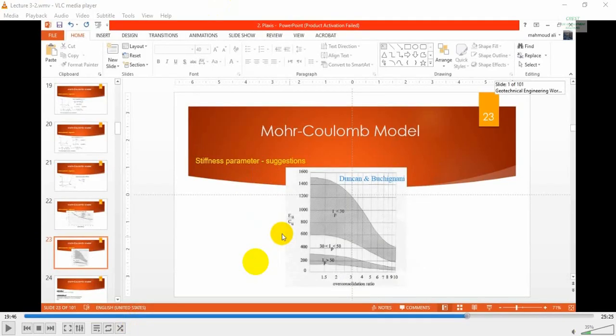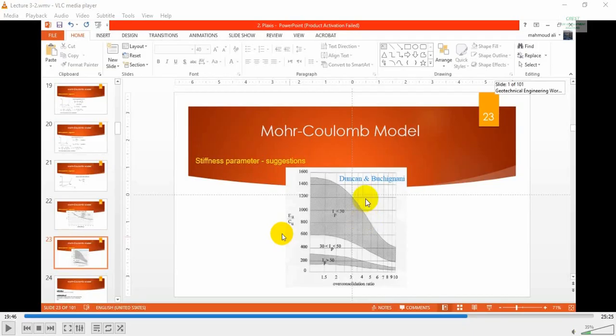Another curve developed by Duncan and Buchignani to determine the undrained Young's modulus as a function of the over-consolidation ratio, the plasticity index, and the undrained shear strength is presented herein. It is worth mentioning that these curves can only be used for preliminary design.